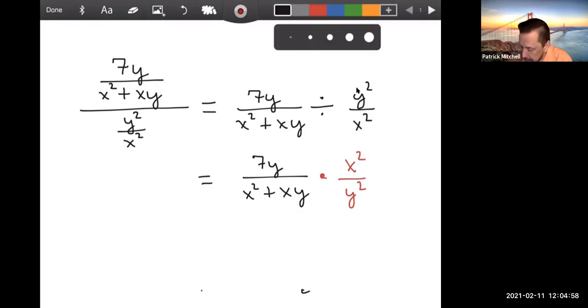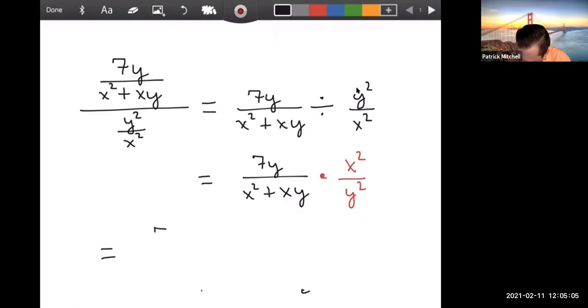Everything here is factored except what you see on the bottom left. I'm just going to scoot over here so that I have room for my answer. So when I go to factor x squared plus xy, that's just a GCF. I'm going to pull out x. Leaves me x plus y, multiplied by x squared over y squared.